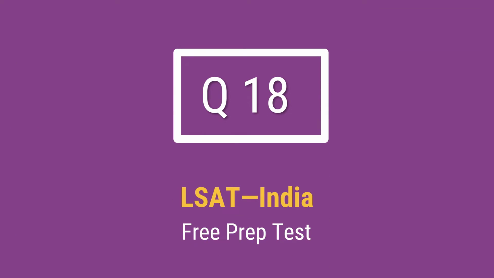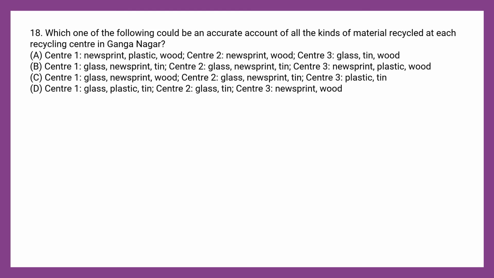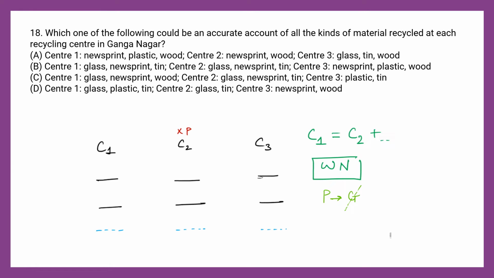Question number 18. Right, let's get the diagram in and read the question. It says, which one of the following could be an accurate account of all the kinds of material recycled at each recycling center?